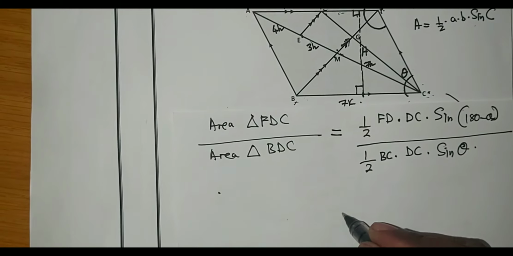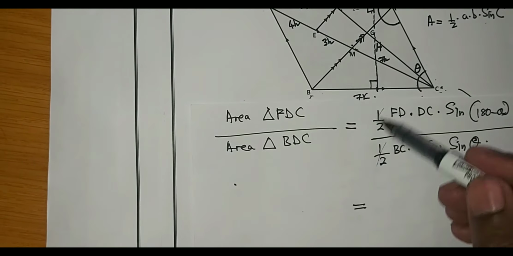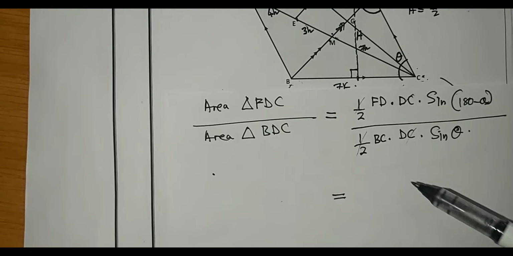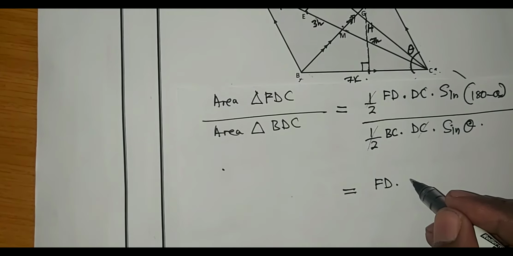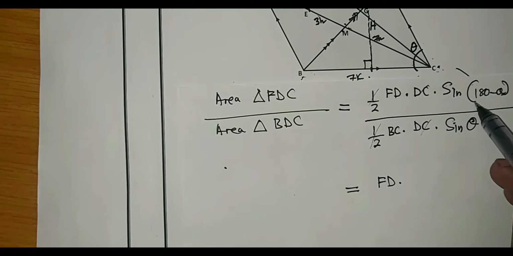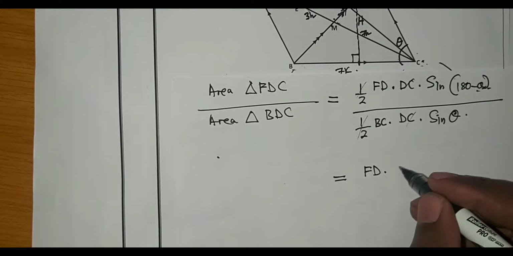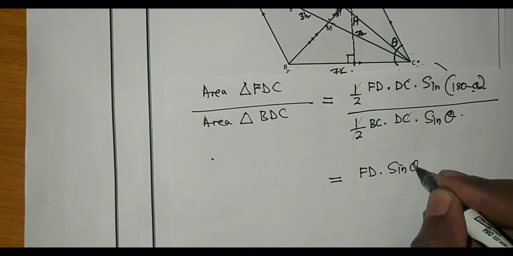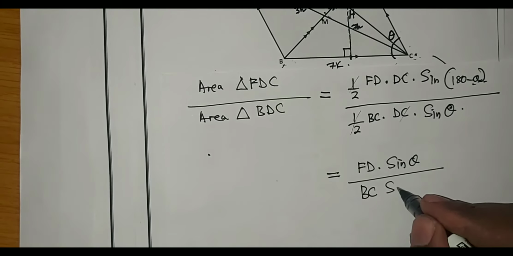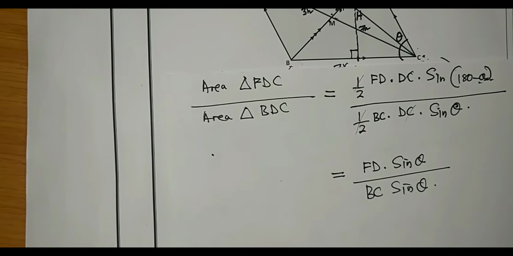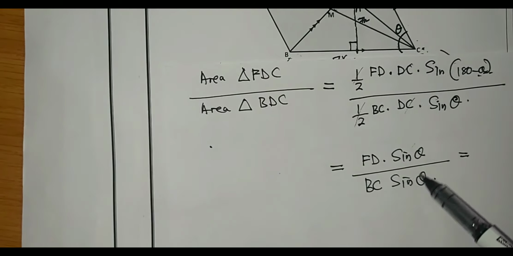I'm sure you can see that one, which is now equal to, half cancels with the half, DC cancels with DC, therefore I'll be left with FD multiplied by sine 180 minus theta. 180 minus theta is in quadrant number 2, and sine is positive in that quadrant, which means this becomes sine theta, all over BC sine theta again, which is equal to, can you see that sine theta cancels?